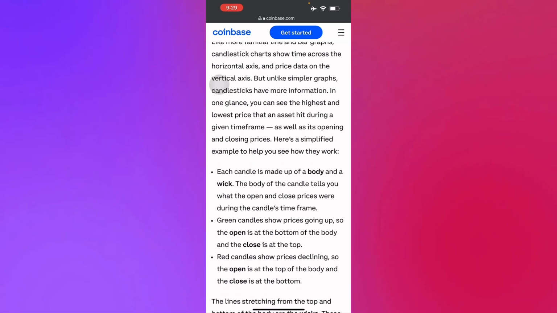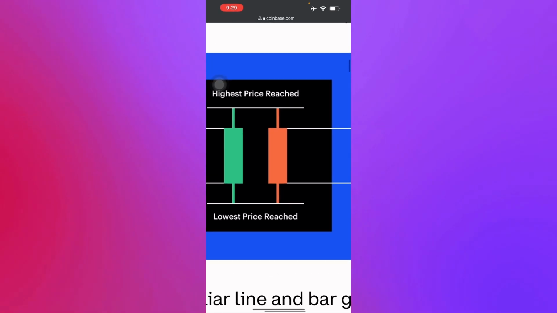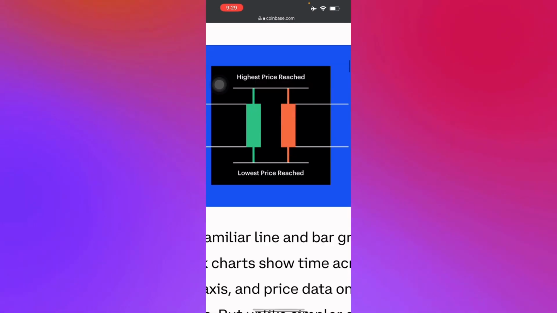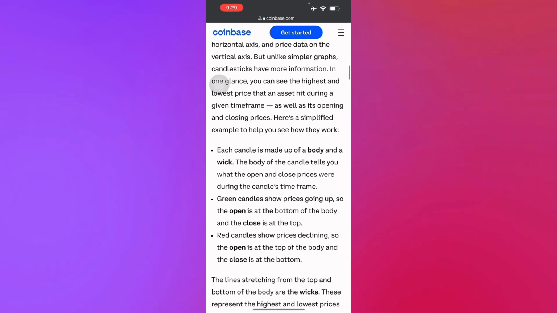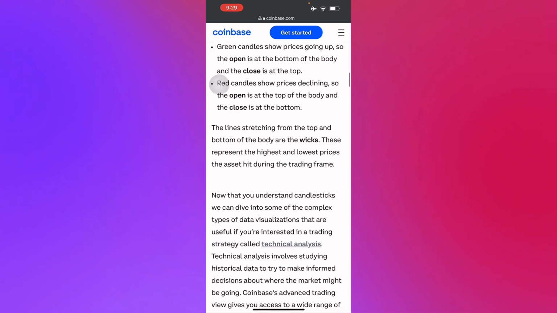Each candlestick is made up of a body and a wick, like a candle. This is the body right here, and the wick is the thin part of the candlestick. The lines stretching from the top to the bottom are the wicks, and these represent the highest and lowest prices the asset hit during the trading time frame.